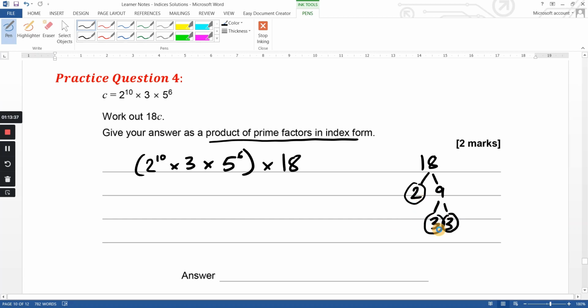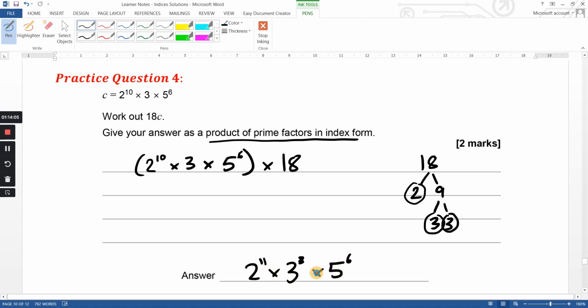So I've got another 2 in there, and I've got a couple of 3's in there as well, so I'm going to add them to these. So instead of 2 to the power 10, it's going to be 2 to the power 11, isn't it? So I'll have 2 to the power 11. How many 3's have I got now? I've got 1 here, 2 here, so I've got 3 to the power 3, and I've still got 5 to the power 6.